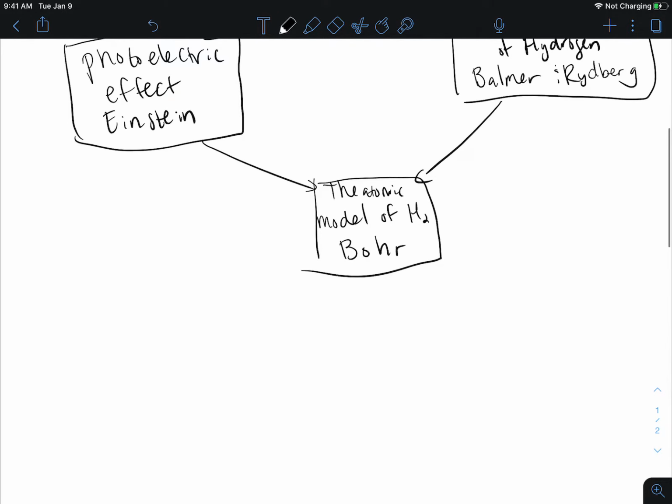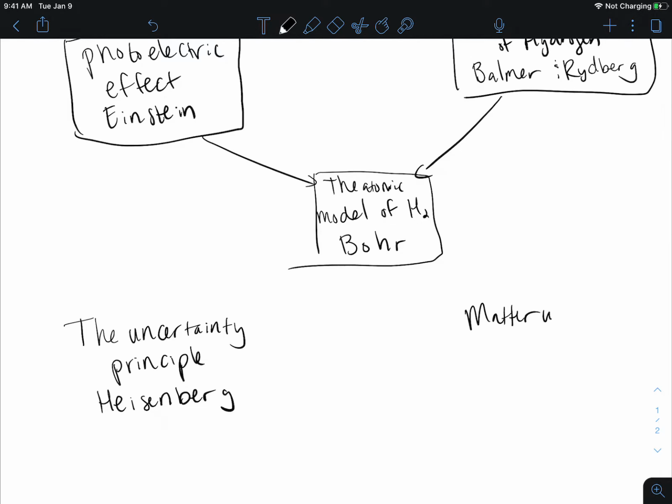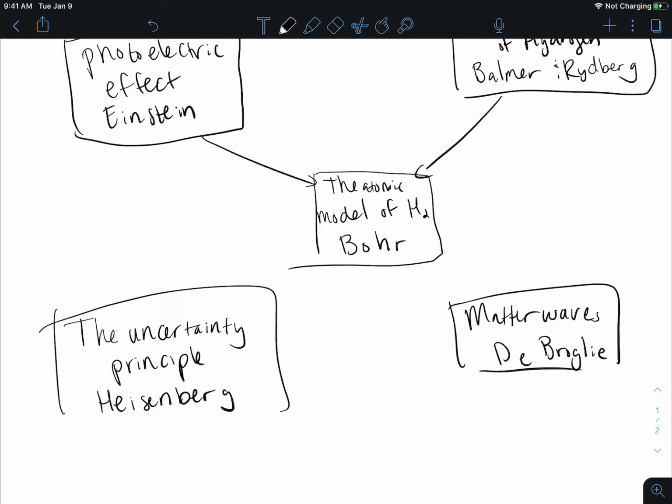Then with our atomic model of hydrogen, along with the uncertainty principle and matter waves, these three things were then used to develop quantum mechanics.